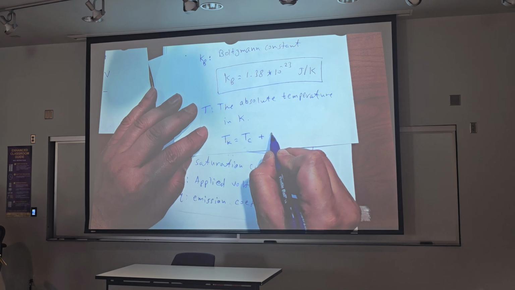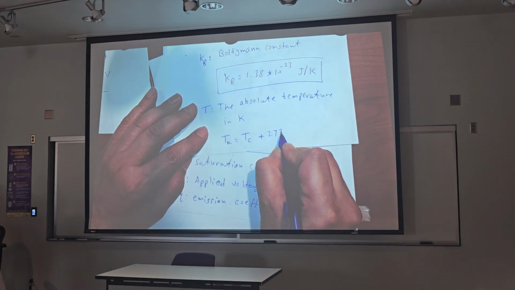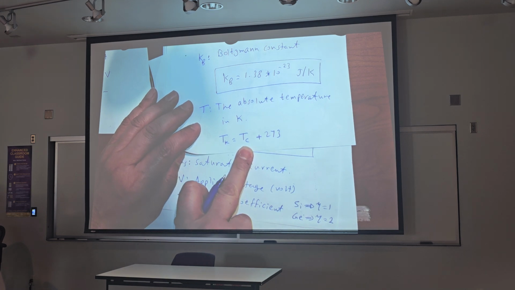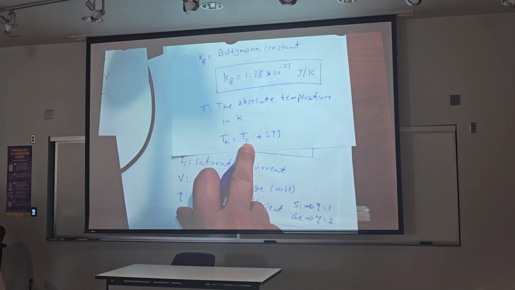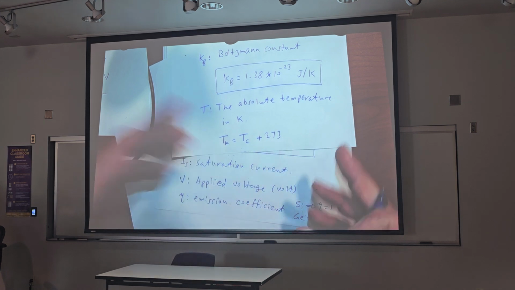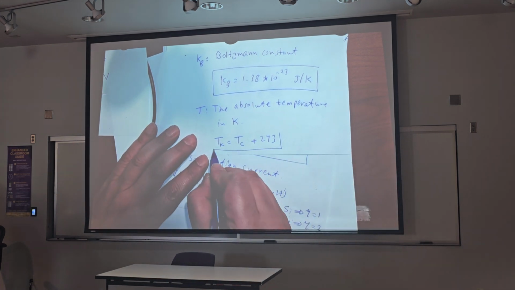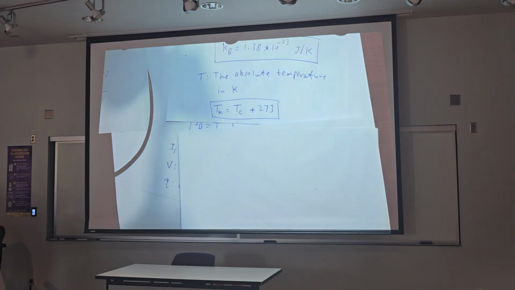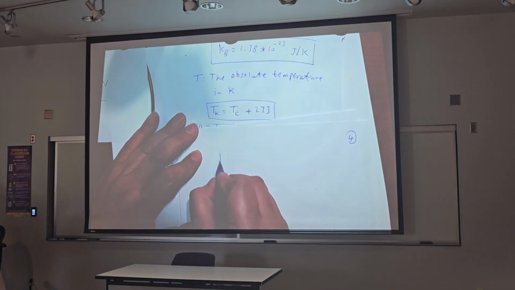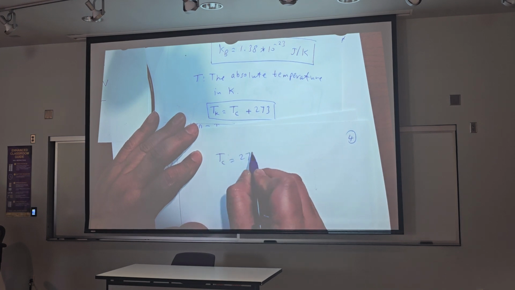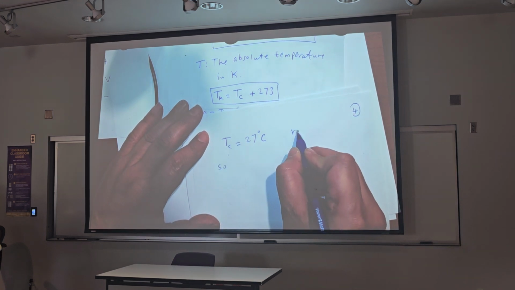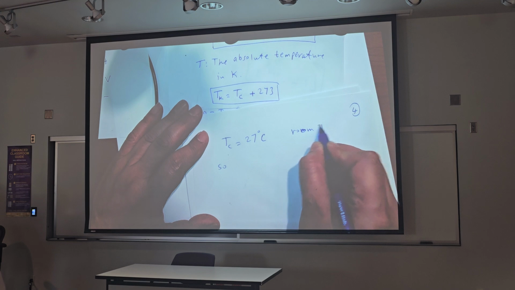Standard 273 is the constant, and we suppose the temperature of the room is 27, plus 273 equals 300. Okay, so TC equal 27 degrees centigrade, room temperature.